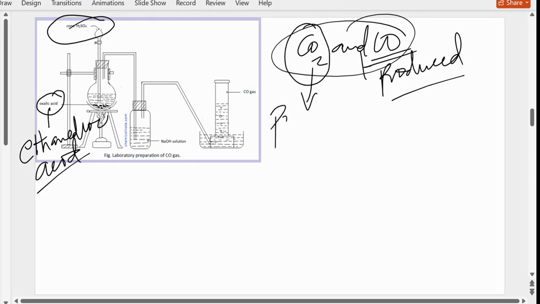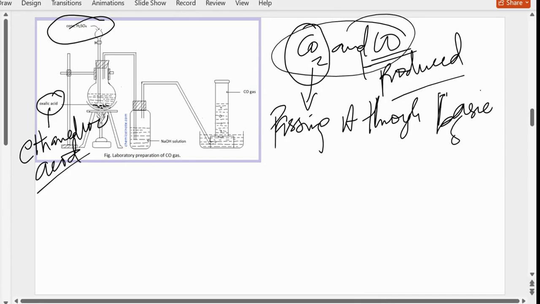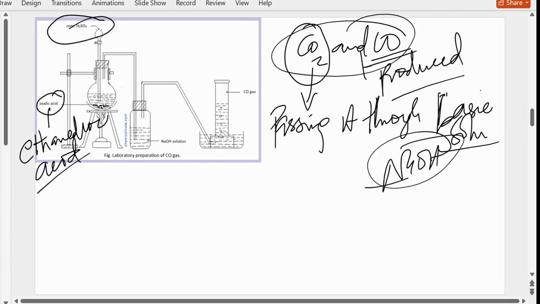Therefore, since we want CO as a product, it means we must eliminate CO2 by passing it through a strong basic solution. For example, you can pass it through sodium hydroxide. Remember how we were testing the presence of CO2.